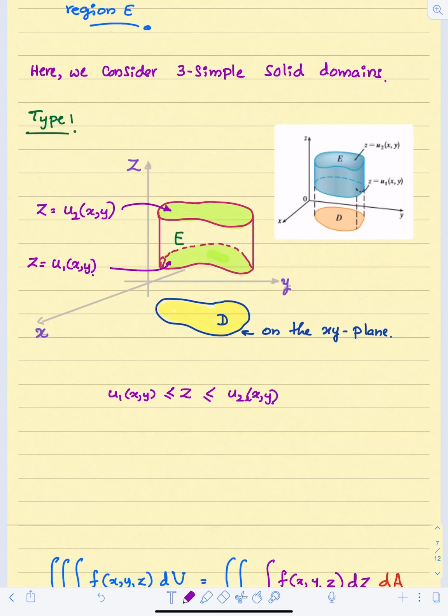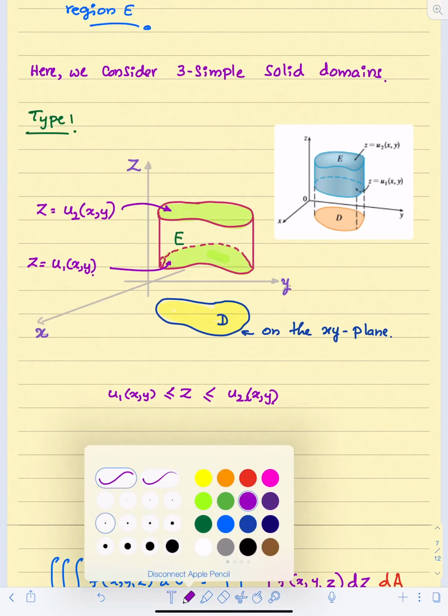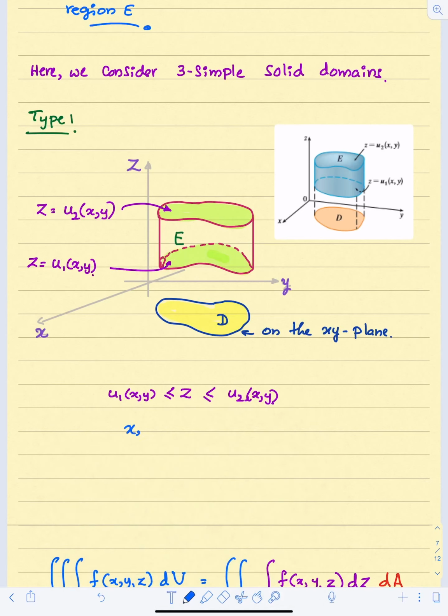Okay, and if you project this solid E onto the xy plane, then you will get a domain D, and your domain D contains all the x and y values.